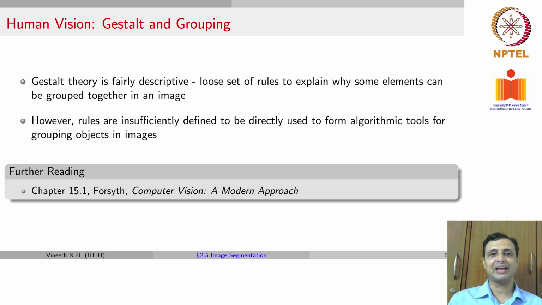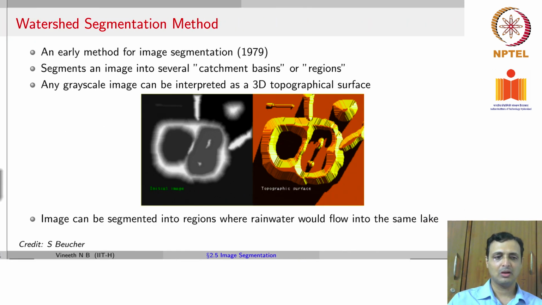You could call this akin to clustering, where you group different pixels into their own clusters. So a significant part of this lecture is taken from David Forsyth's book and Szeliski's books, and we will share these references at the end.